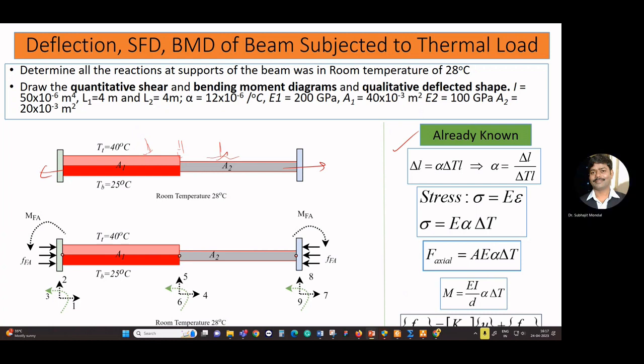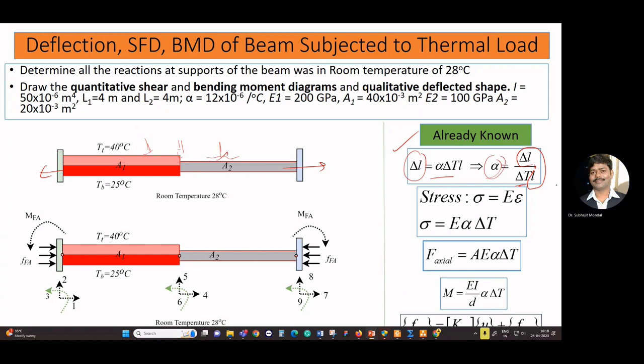We already know that change in length is equal to alpha delta T times L, or alpha, which is your thermal coefficient, is delta L by L by delta T. That means it is the fractional change in length per unit temperature change, which is called the coefficient of thermal expansion.